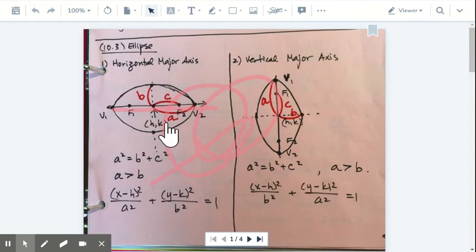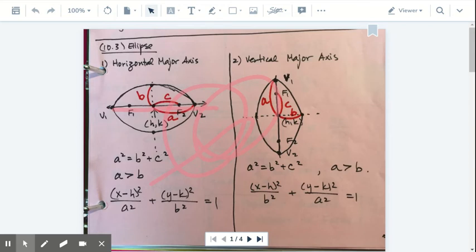Okay, so some terminology we should define. First, we start out with two foci, F1, F2, focus 1, focus 2. The center of the ellipse is the midpoint between F1 and F2. So here's my center, and that is defined as H and K in this case.